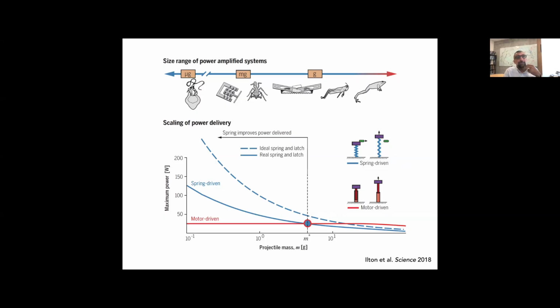What was interesting was I was on this team, my system was frogs, and so we were right in that transitional zone where for some species, it made a lot of sense to be spring-driven, and for some species, it made a lot of sense to be directly muscle-driven.